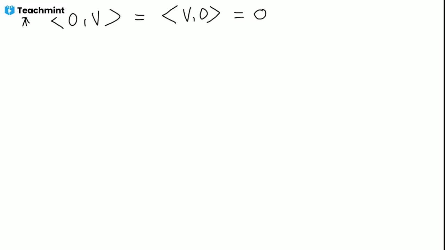Obviously the product will be 0. You got it? Because if any one vector is a zero vector or null vector, then we'll find the inner product is equal to 0 along with a non-zero vector. Yes, ma'am.